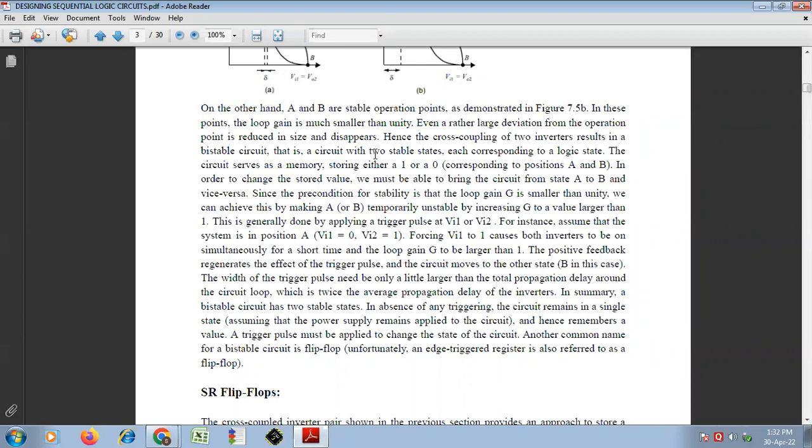Okay. Now, in summary, you can say this bistable circuit has two stable states. Which are those?